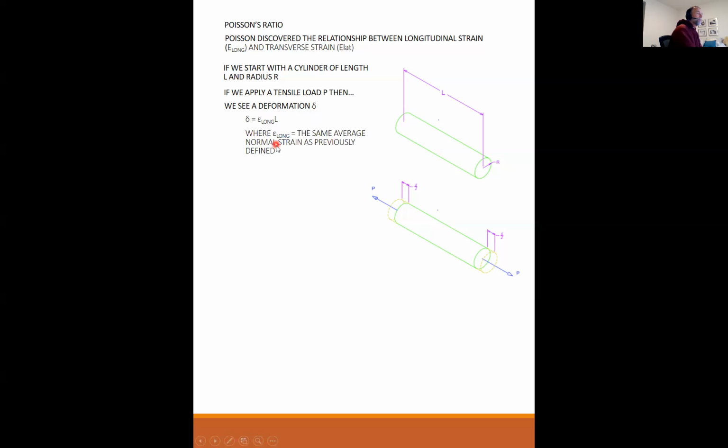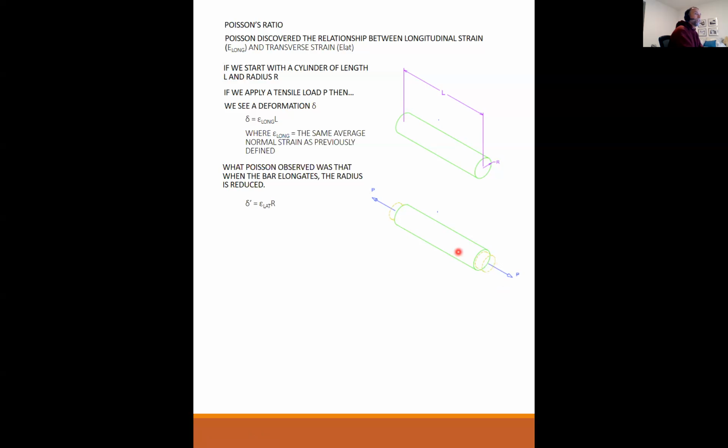What Poisson observed was that when the bar elongates, the radius is reduced, like so. If you can see the difference right here. If you stretch out some material and the material gets longer, then the diameter of the material gets smaller. It's an inverse proportion. If I were to compress it, the cylinder would get shorter and the diameter would get bigger.